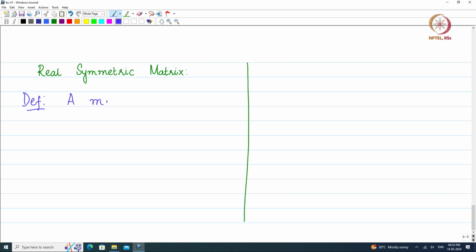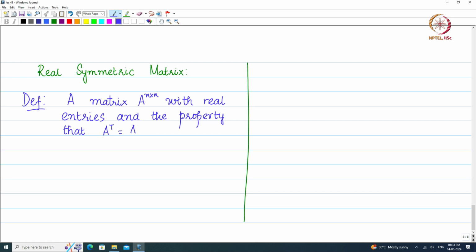A matrix A, n by n, with real entries and the property that A transpose is equal to A is called a real symmetric matrix.